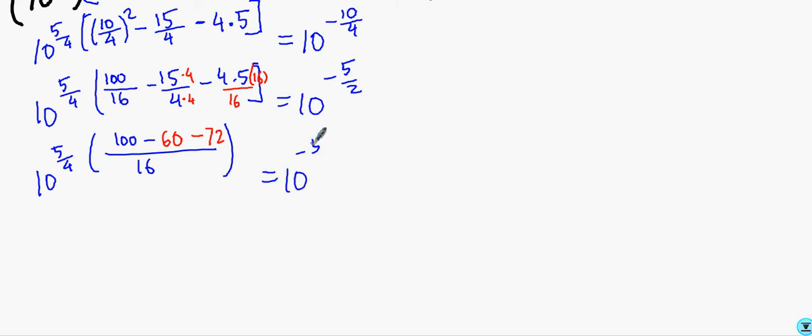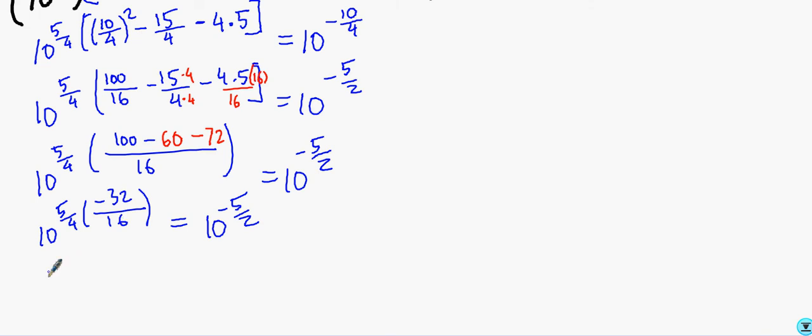That should equal 10 to the negative 5 over 2. 10 to the power of 5 over 4 times, now that's a 16 here. Now we have 100 minus 60, that's 40, and 40 minus 72, negative 32 over 16. Negative 32 over 16 is negative 2, so that's 10 to the 5 over 4 times negative 2 equals 10 to the negative 5 over 2.